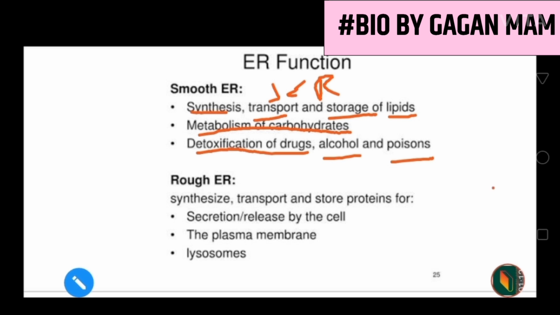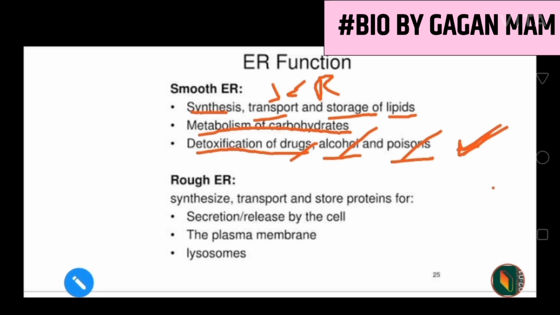In the liver, harmful chemicals, drugs, alcohols, poisons are detoxified by the liver cells, and for this SER is present there. SER doubles in number and increases the surface area so that it can speed up the process of detoxification, and later on it comes back to its original number.